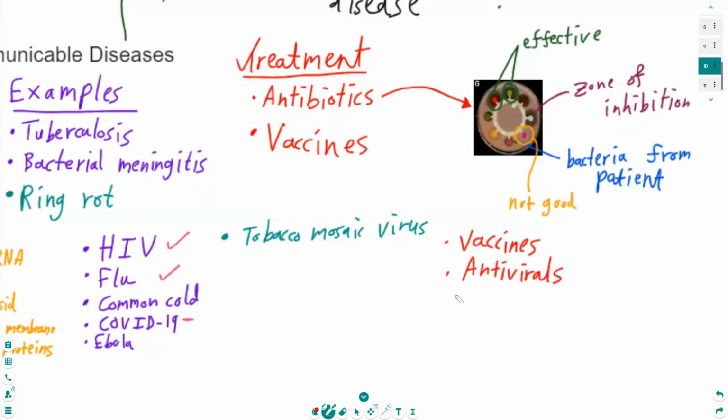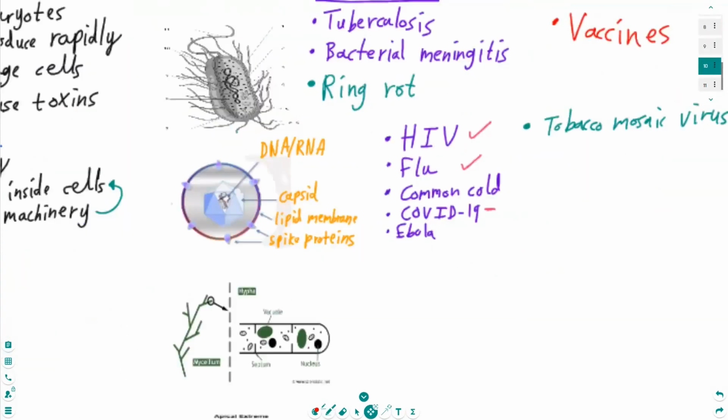And these affect viral replication within cells. If you don't know what I mean by that, go down in the description below. I put a link to a very useful video done by the Amoeba Sisters about antibiotics, antivirals, and vaccines. So that's all on viruses.